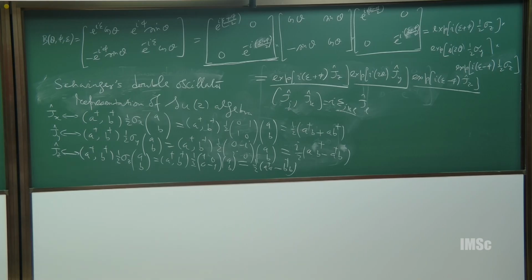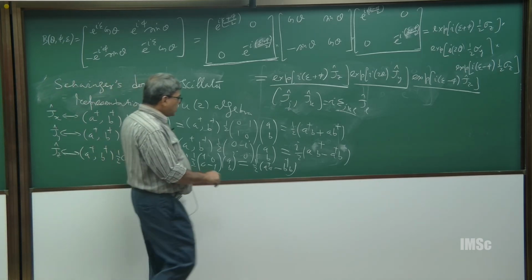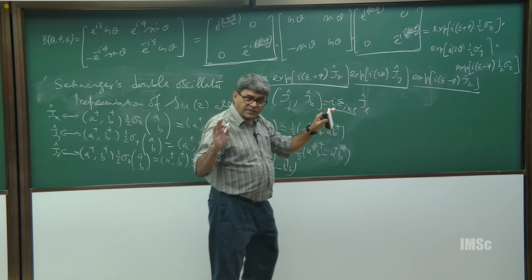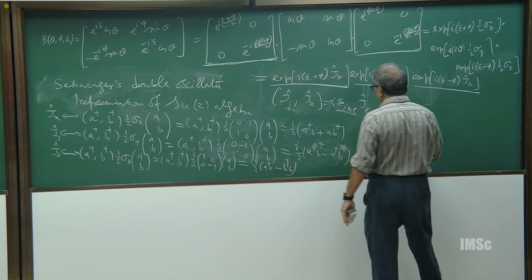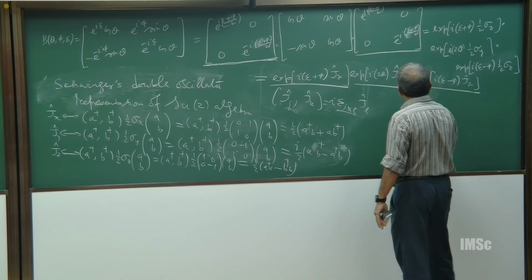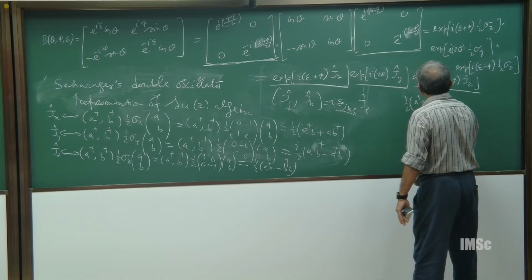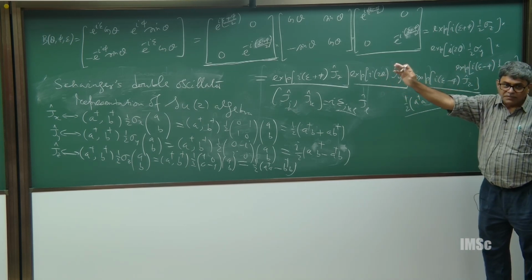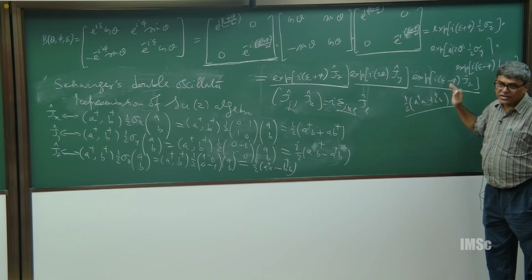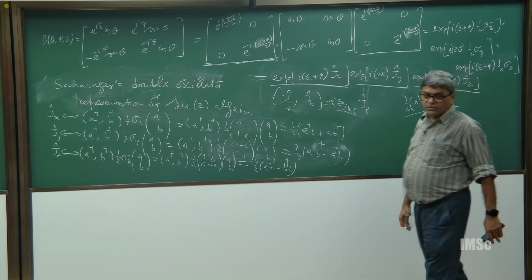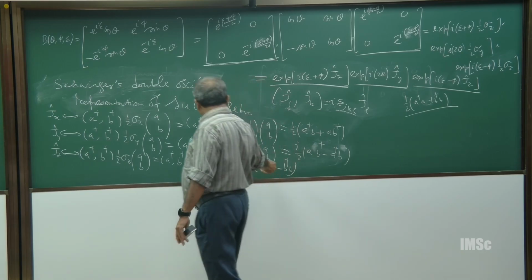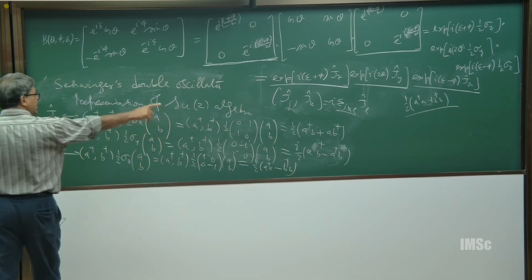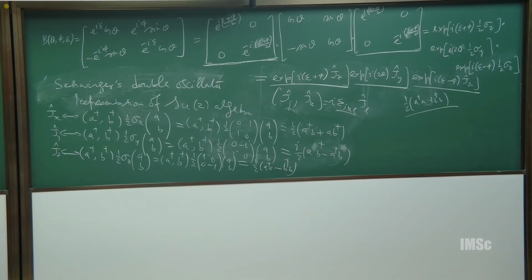So here you see that in this case there is a conserved quantity, which is basically half of A dagger A plus B dagger B. Why is it a conserved quantity? Because it corresponds to the unitary transformation of the beam splitter. This is half of the total energy, half of the total photon number, so that is basically an invariant.